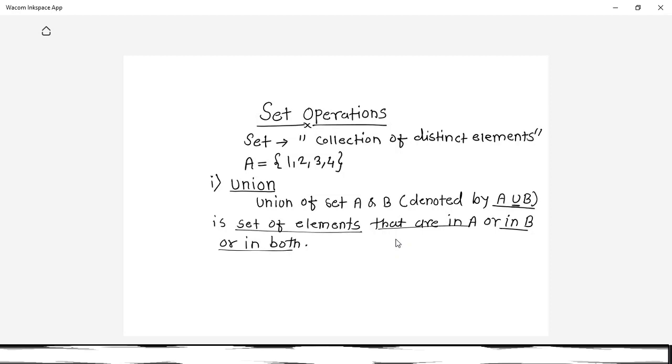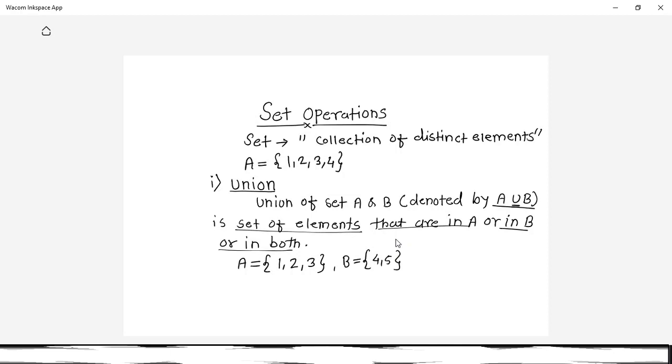For example, suppose I have set A with elements 1, 2, 3 and set B as 4, 5.